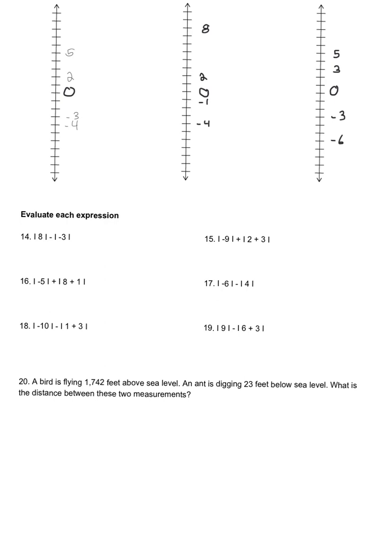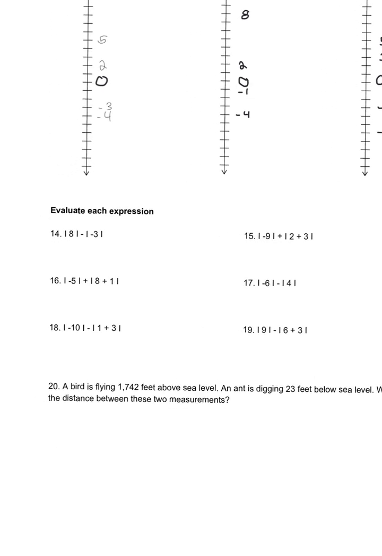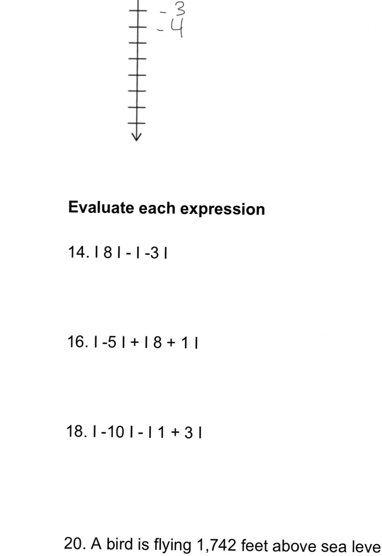Taking a look at 14 through 19, dealing with absolute values in expressions, we are going to start with 14. The absolute value of 8, which is 8, minus the absolute value of negative 3, which is 3. So we have 8 minus 3 equals 5.